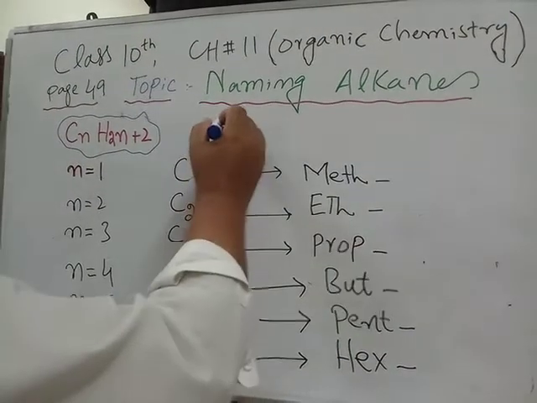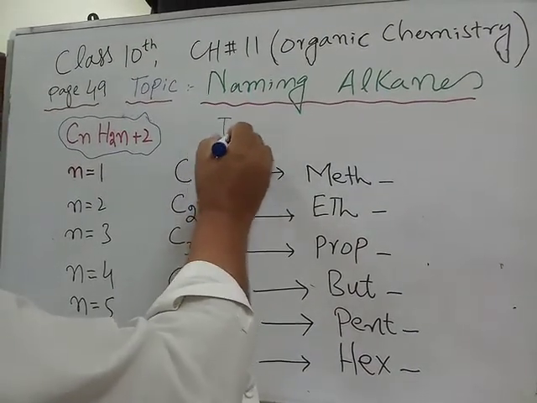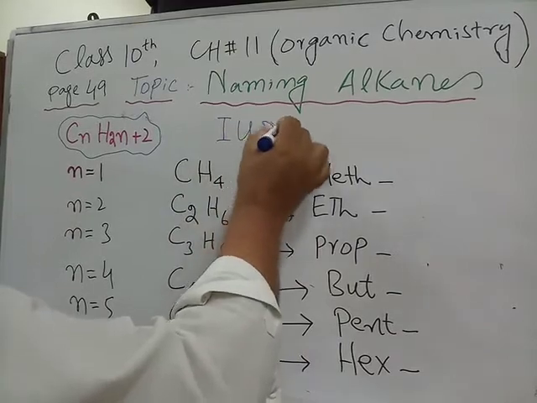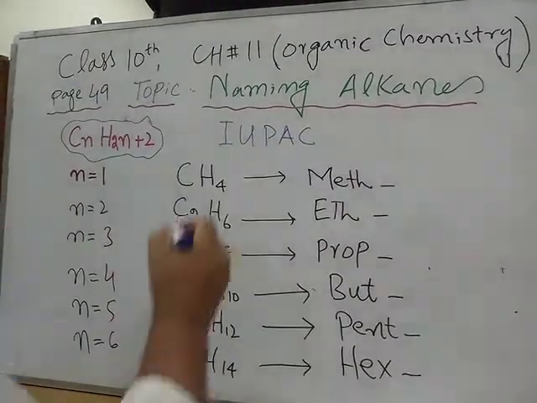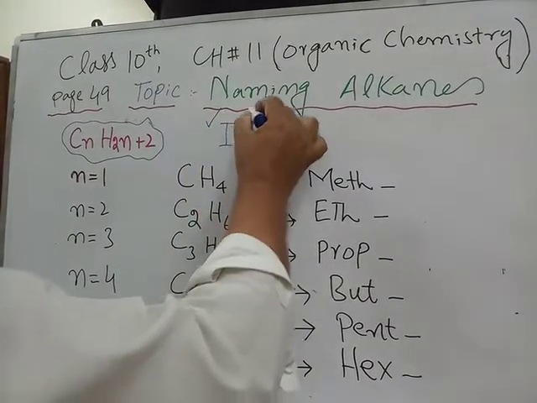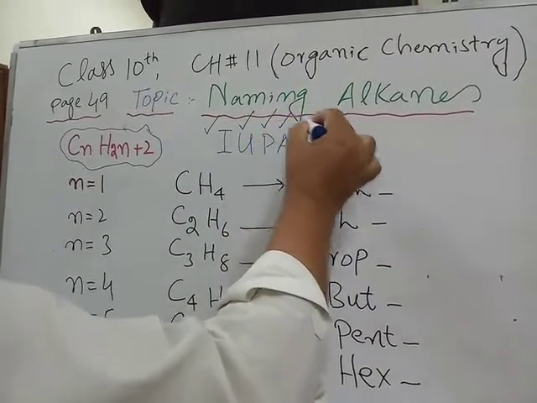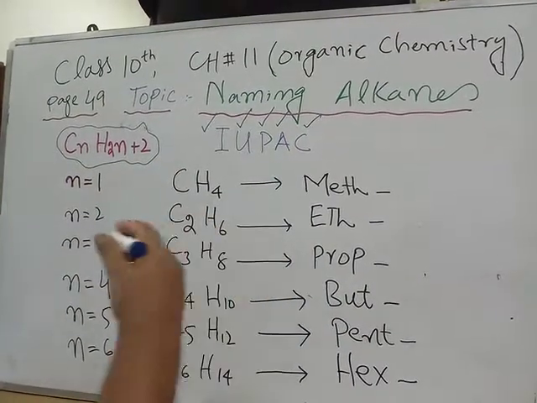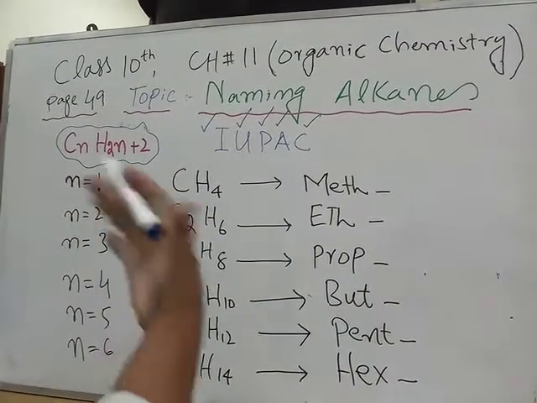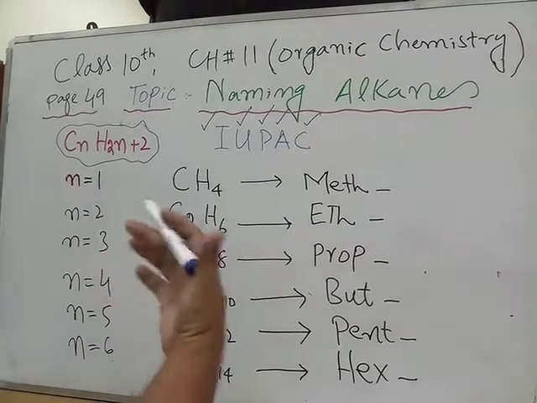But according to IUPAC, this abbreviation stands for International Union of Pure and Applied Chemistry. This is a system of naming alkanes, not only alkanes, but chemical compounds in general.